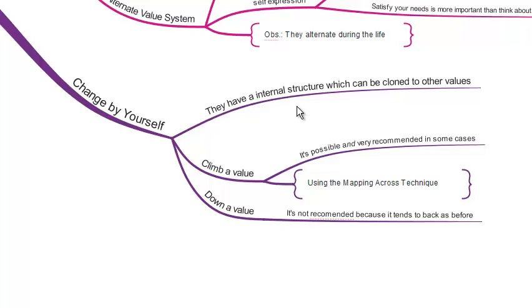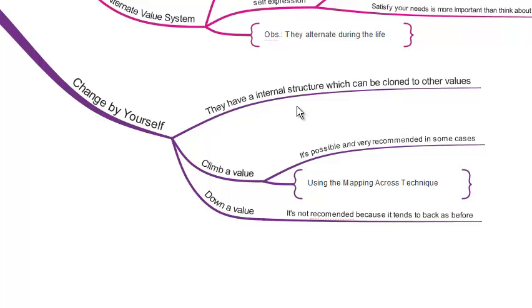You can change that submodality from your top value to that specific value, and it will climb to just below the first value. If you clone the top value, it will become the second value.